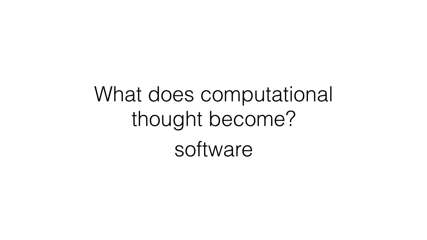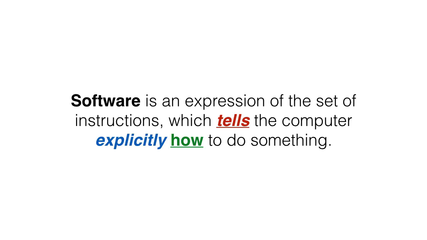Not just leading you on this journey of thought processes just because. No, it's leading you to what you do. You write software. So software is an expression of the set of instructions, right? That's our step-by-step instructions, which tells the computer explicitly how to do something.